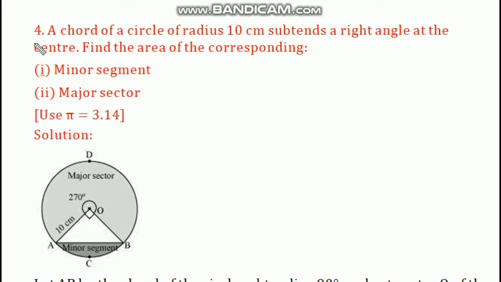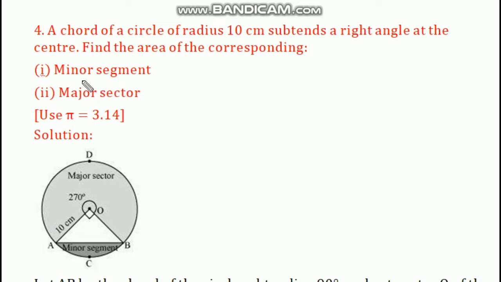Students, let's discuss exercise 12.2 fourth question. A chord of a circle of radius 10 centimeter subtends a right angle at the center. Find the area of the corresponding minor segment and major sector.